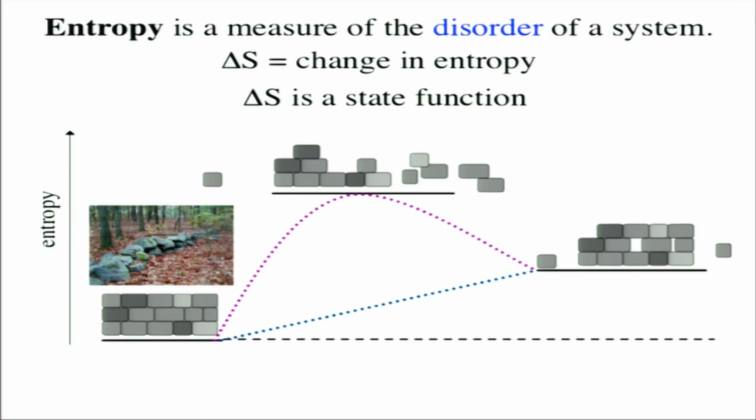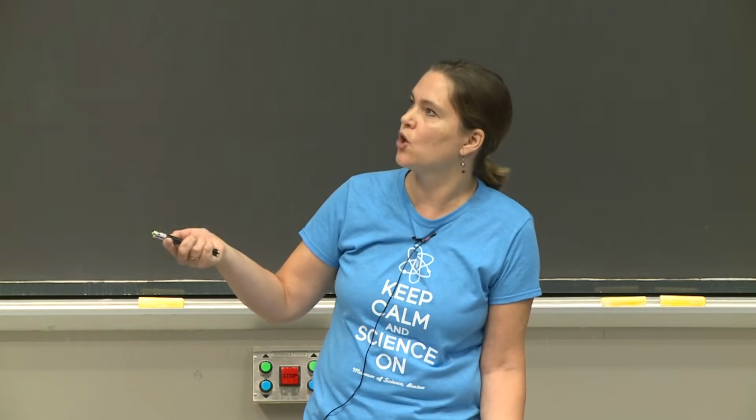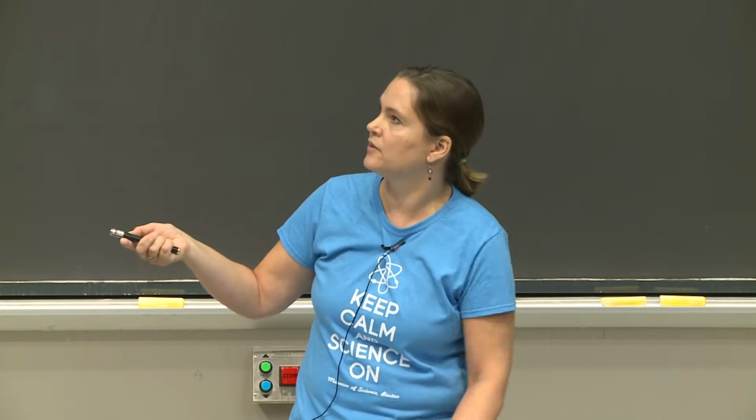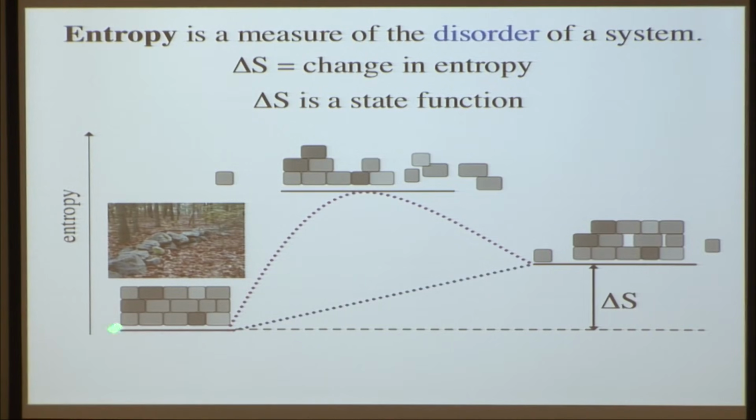They're often stones falling everywhere. And it doesn't matter if these stone walls that were probably built in the 1600s or 1700s in New England fell totally apart and we rebuilt. Now we just care about how the wall is compared to the way it started. So delta S, again, is a state function. It doesn't depend on path.